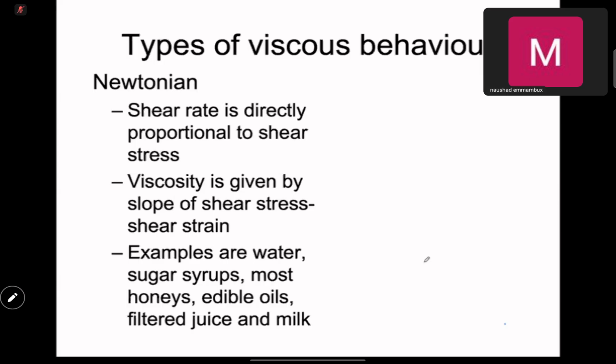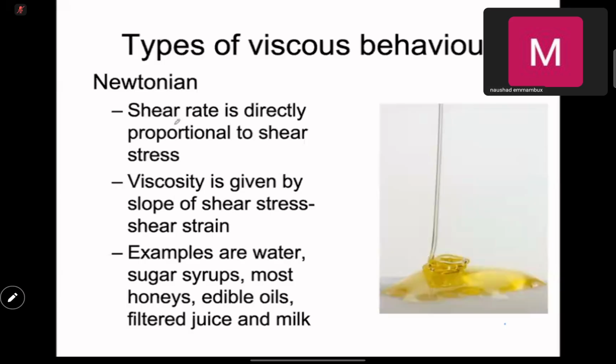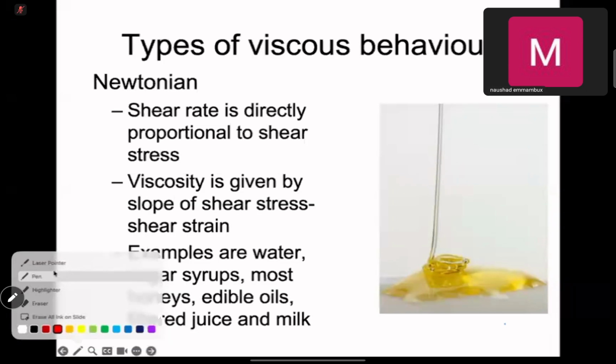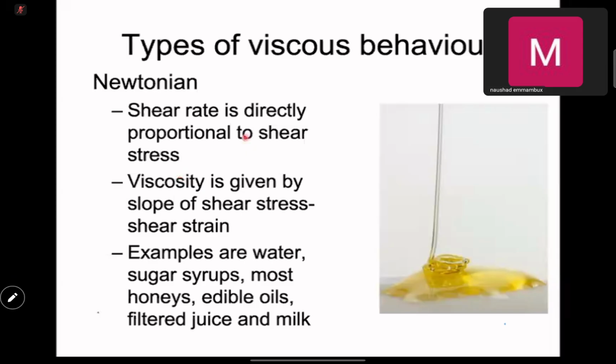I'm sure you've done it. We talk about two types of viscous behavior, Newtonian and non-Newtonian. Newtonian means shear rate is directly proportional to shear stress. Viscosity is given by the slope of shear stress against shear rate.